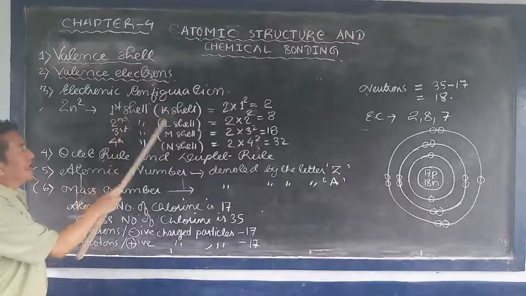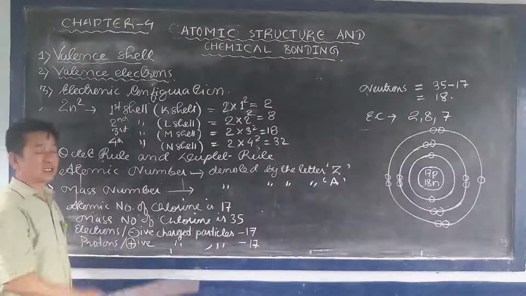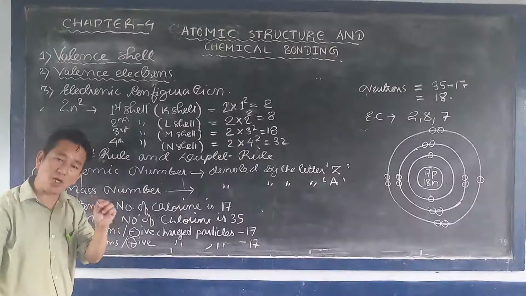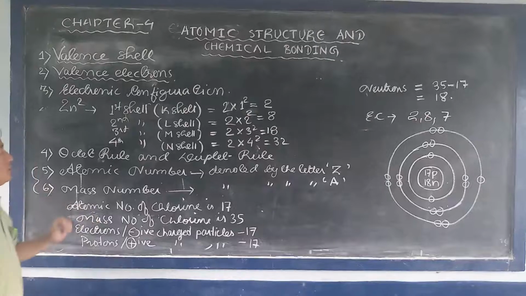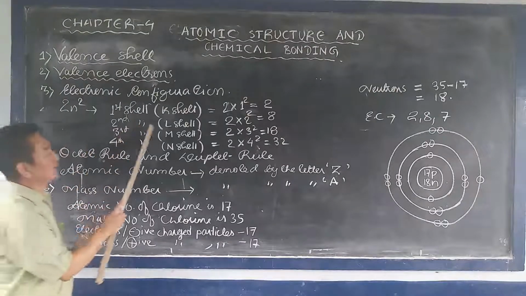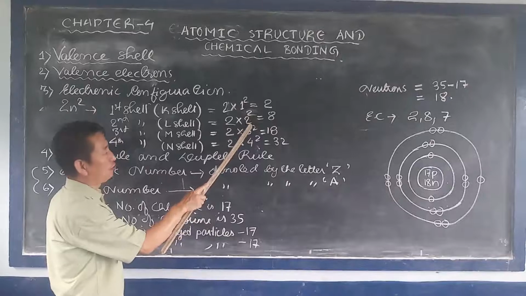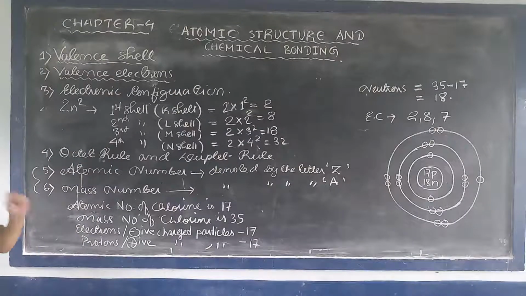First shell, or K shell, accommodates only 2 electrons. K shell is the nearest, or closest, to the nucleus. Second shell, L shell: 2 twos are 4, 4 twos are 8. Second shell accommodates only 8 electrons.